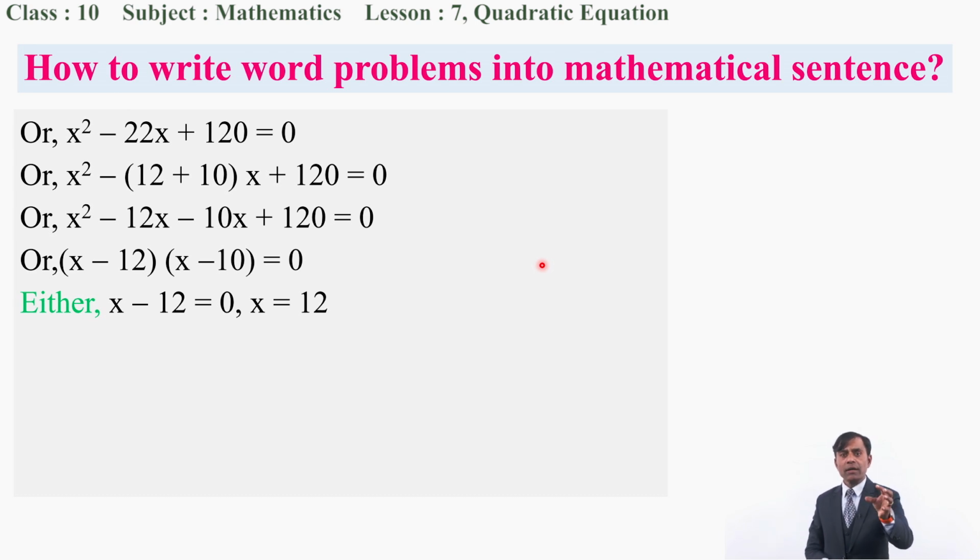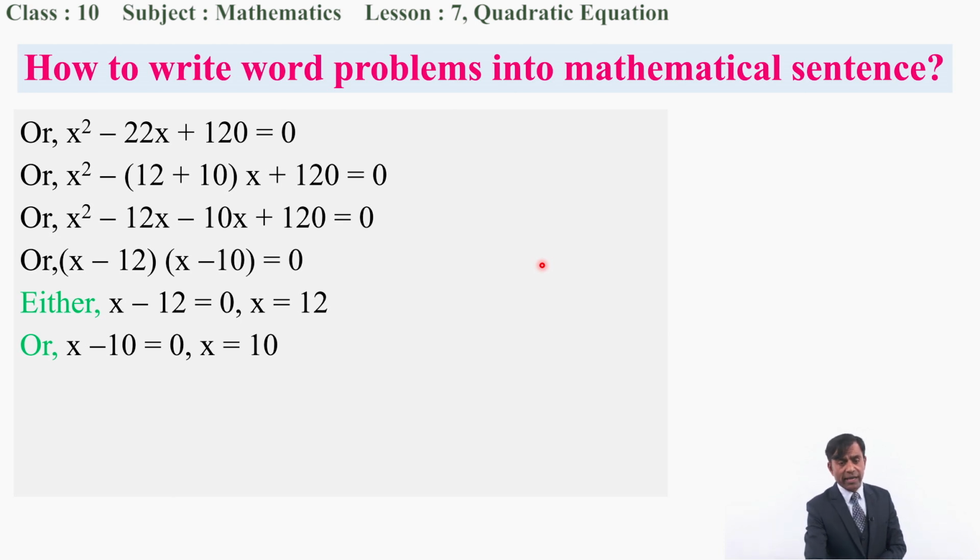So the first factor x minus 12 is equal to 0, then the x value is 12. Similarly, the second factor x minus 10 is equal to 0, then x is equal to 10.